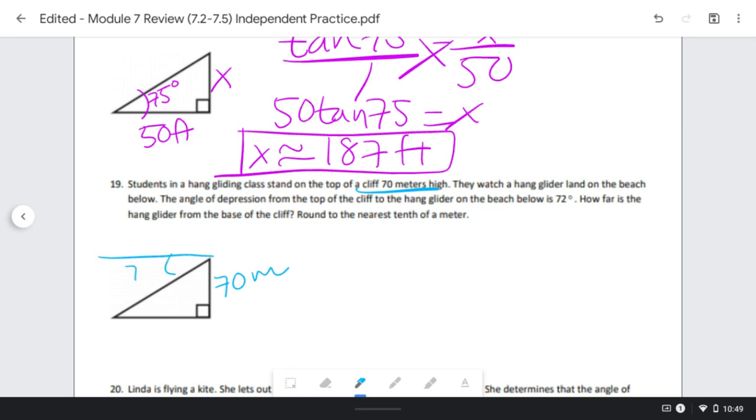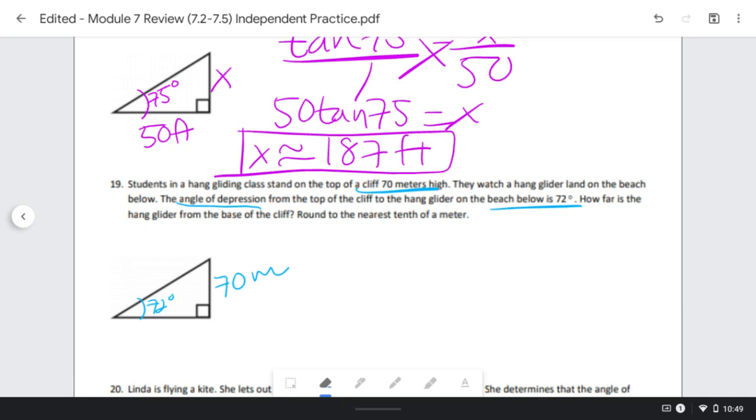So this is 72 degrees, but that also means that this is 72 degrees. That's what I mean by whether they say angle of depression or angle of elevation, you're still going to make sure you label that bottom angle 72 degrees, because alternate interior angles would make them the same.